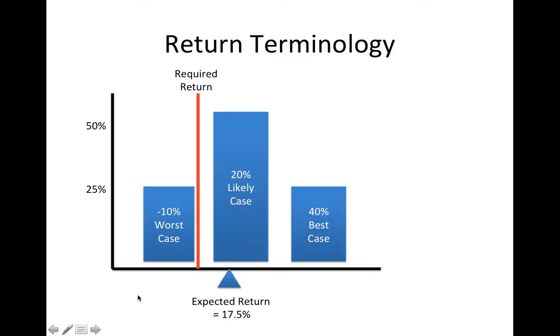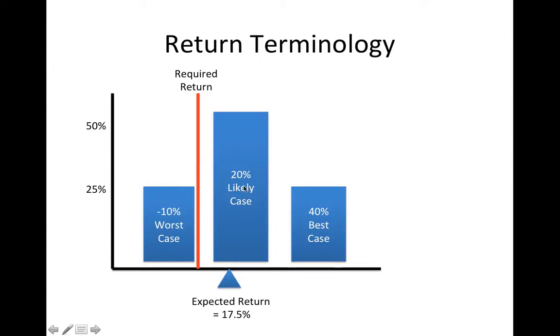Let's imagine a project, and let's just say that there's really only 3 scenarios for it. Scenario 1 has a 25% chance of happening. In that case, you're going to lose 10% of the value of your money. So whatever you invest, you're going to have to pay in an extra 10%.